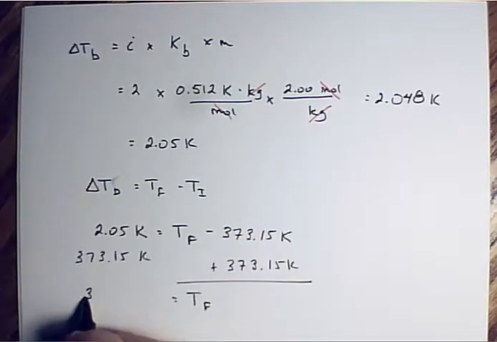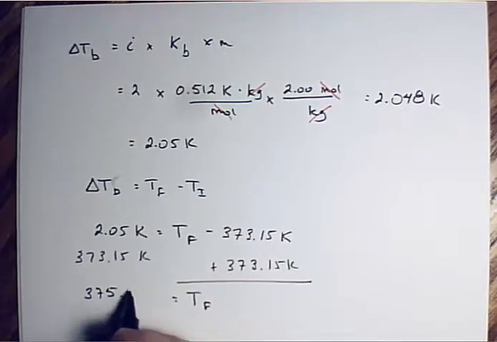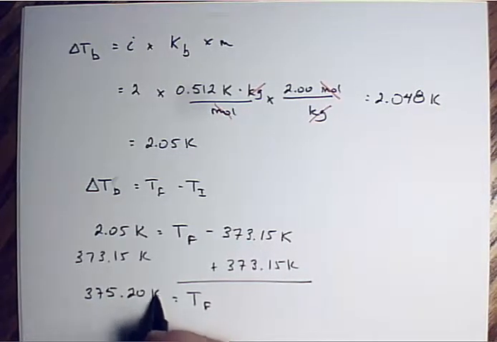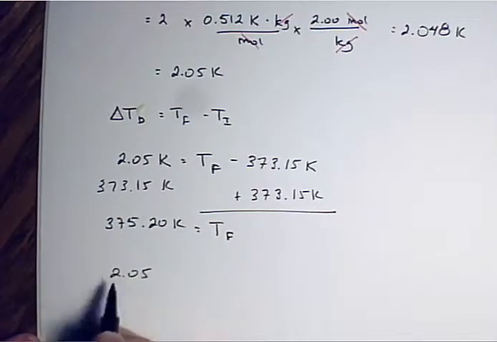And this becomes 375.1020 Kelvin, right? That's the new boiling temperature when you add salt to water to a concentration of 2 molar. Okay? What is it in degrees C? Well, let's see. 2.05.